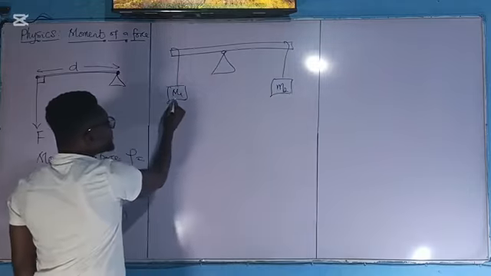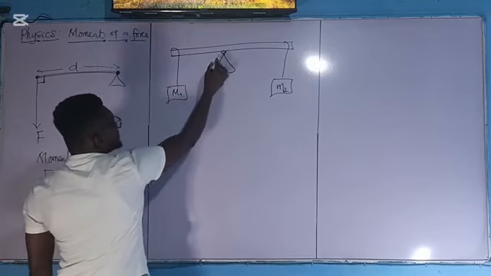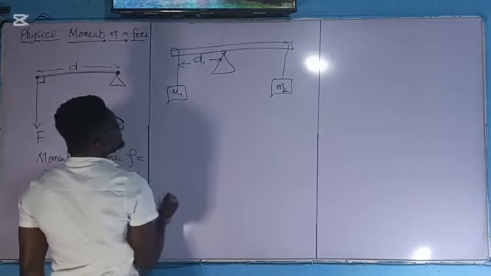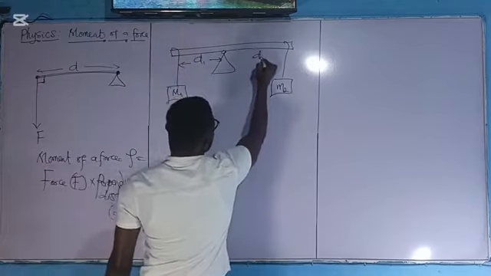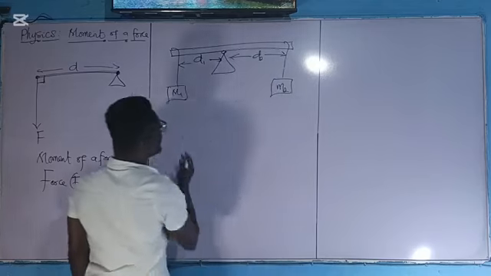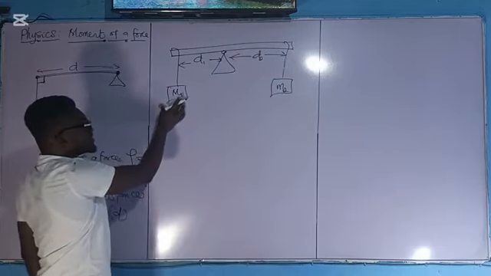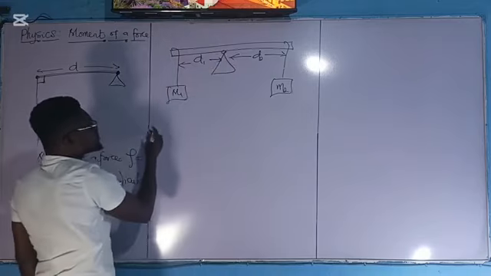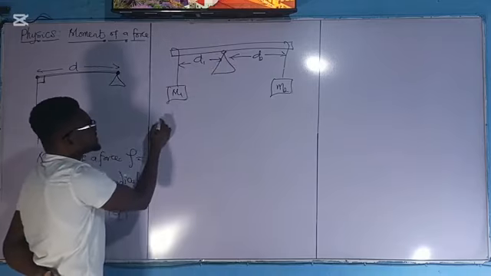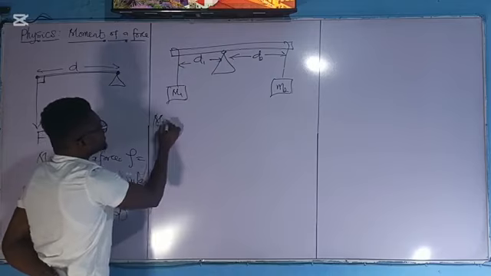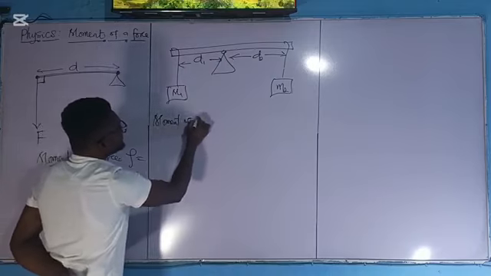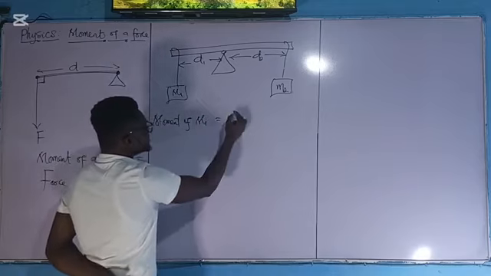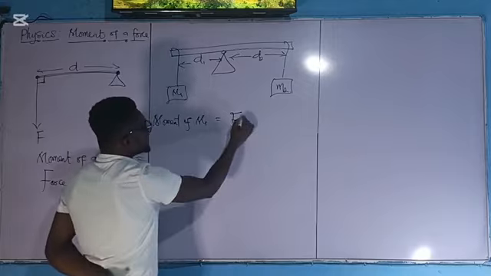Now this M1 will exert a moment from this very turning point. And so we have the distance D1. Then we also have here the distance D2. Now this moment of this very M1 from this turning point could be stated in this way. That is, moment of M1 is equal to the force of this M1 times what?